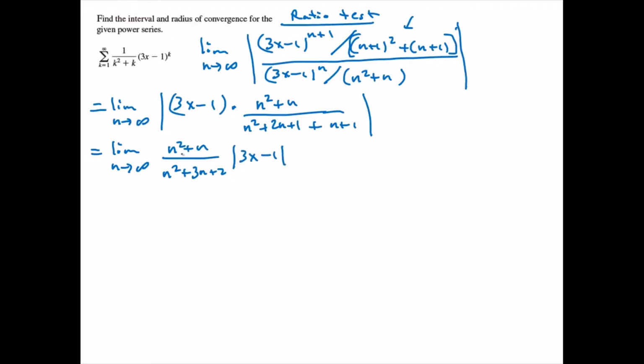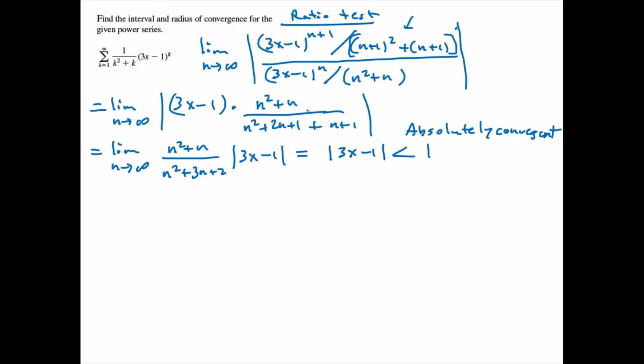Well, the limit as n goes to infinity of n squared plus n over n squared plus 3n plus 2 will simply be 1. So this will simply become the absolute value of 3x minus 1. And we want to know where this will be absolutely convergent. Well, that will happen when the absolute value of 3x minus 1 is less than 1.